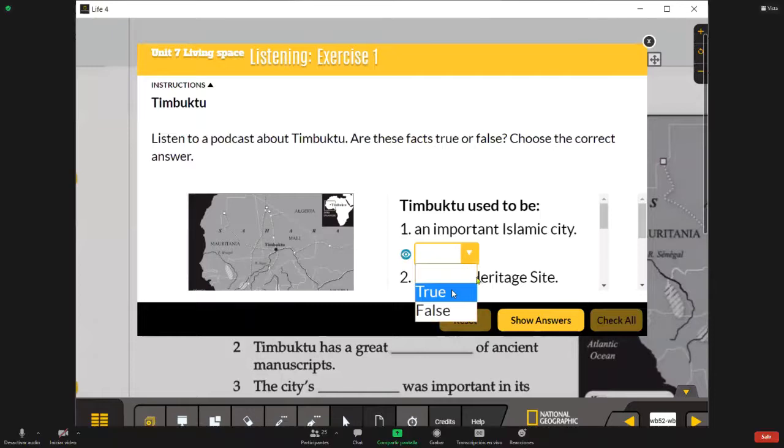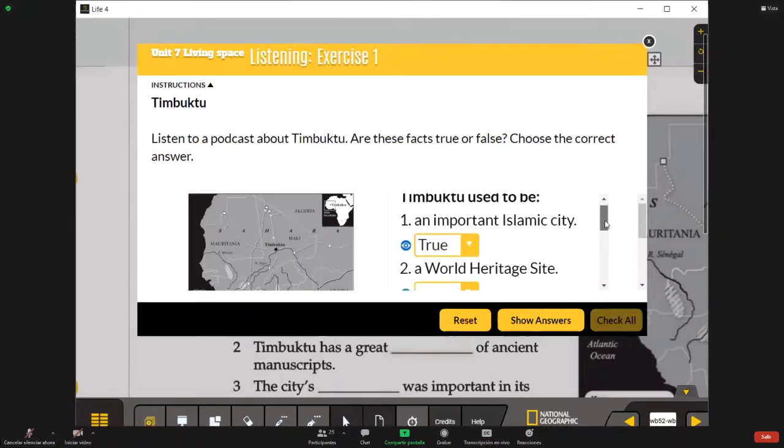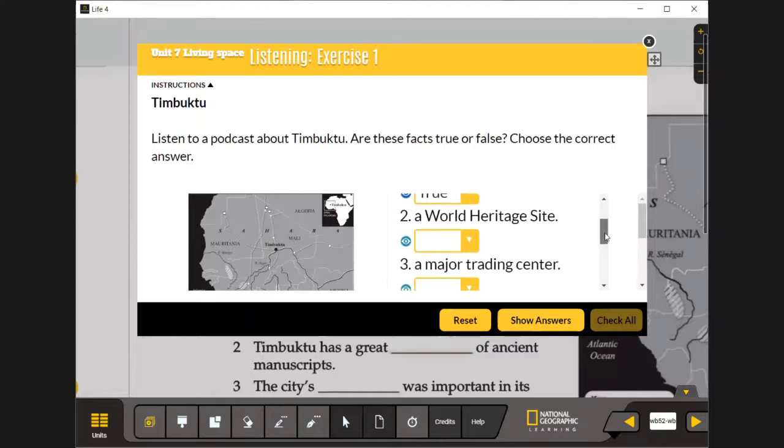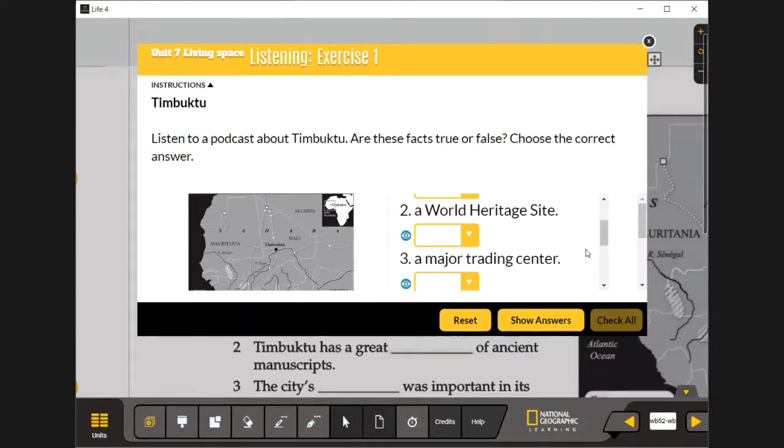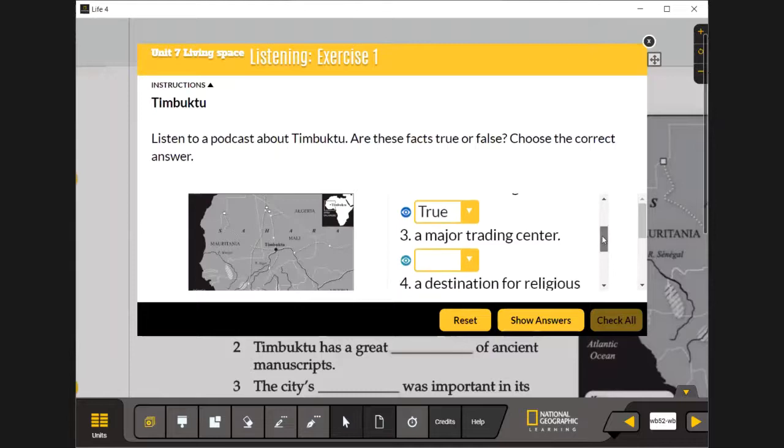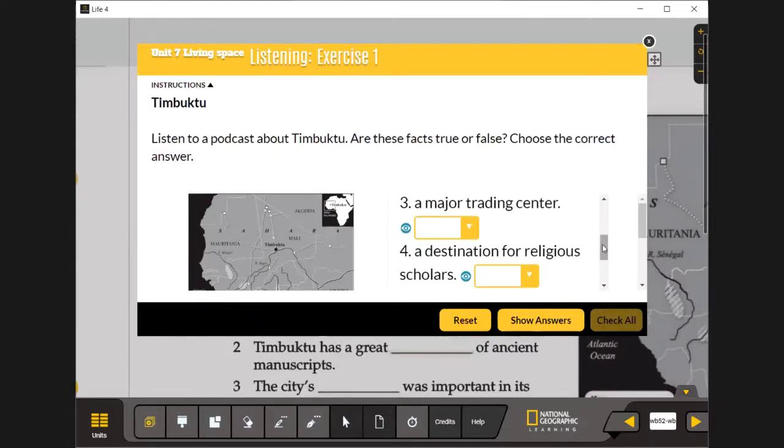So, in your opinion, true, right? All right. Thank you. Let me see. Bruno, number 2. World Heritage Site is true. Okay. Thank you. Jesus Cadenas, 3.